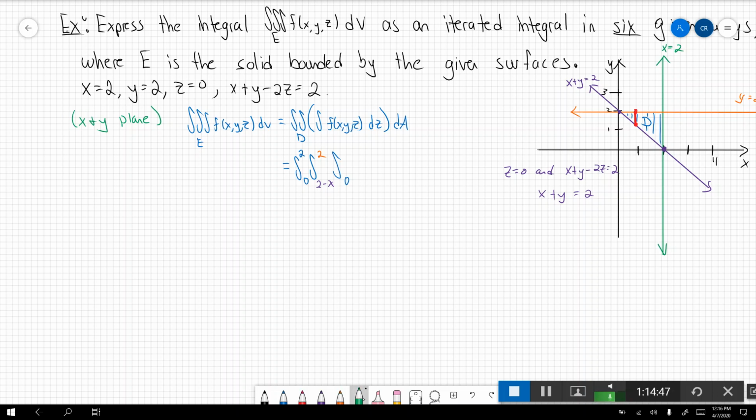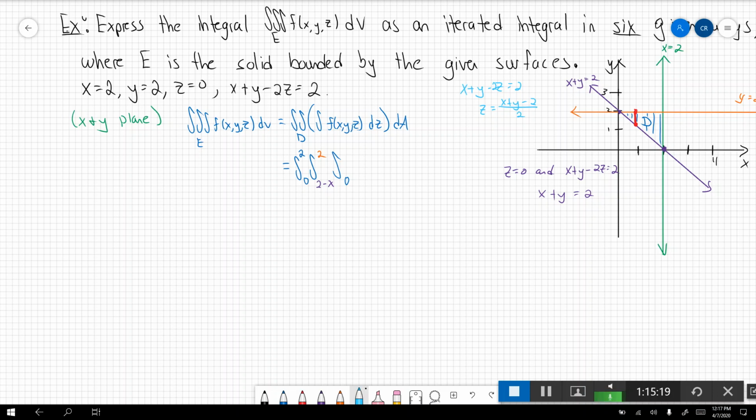I already chose green over here, so let's choose a different color. Let's choose light blue. So here what I'm going to have is that x plus y minus 2z is equal to 2, which means that z is going to equal x plus y minus 2, all divided by 2.